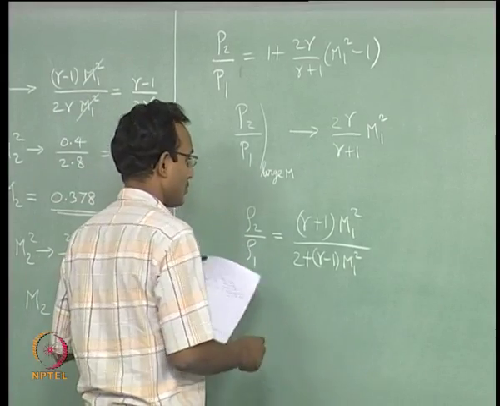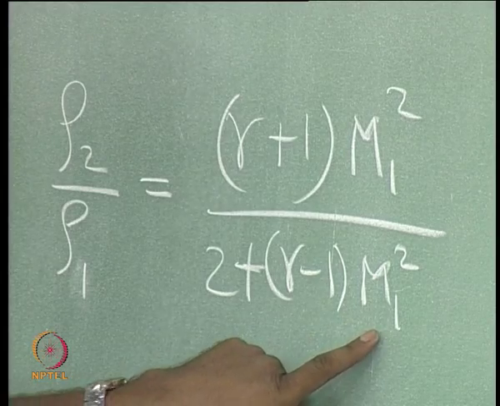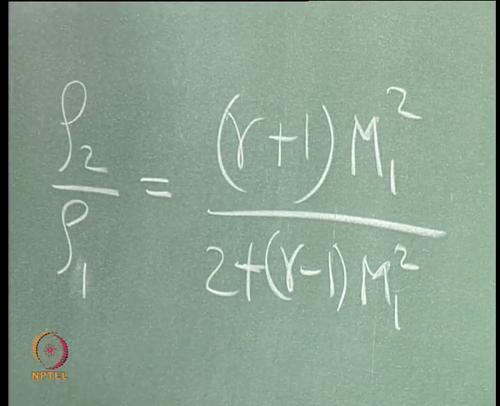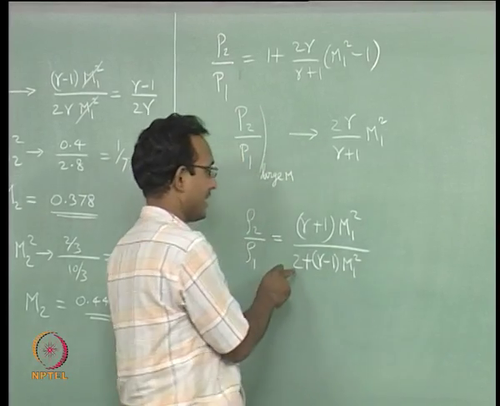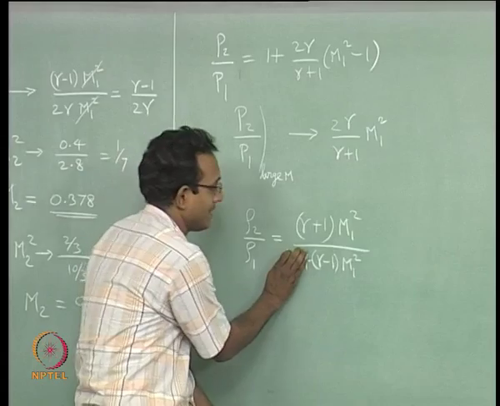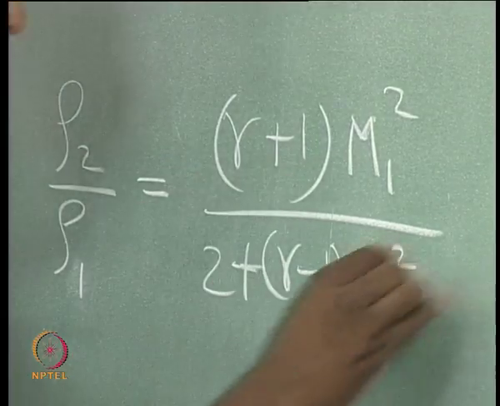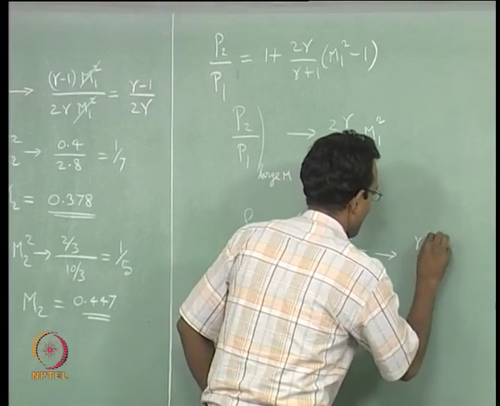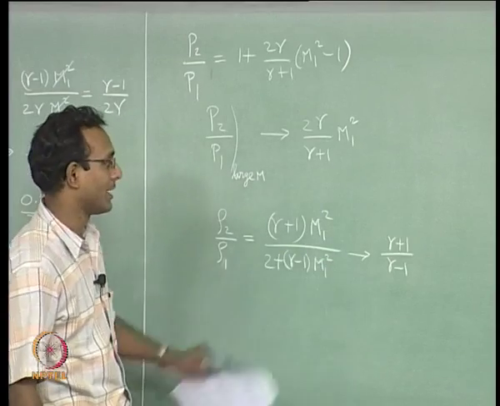So, I am going to take this one and I am going to neglect this 2 with respect to this M1 square. Of course, it is multiplied by gamma minus 1, which we keep. If I neglect this 2, M1 square will get cancelled and I will just have gamma plus 1 by gamma minus 1. So, this tends to gamma plus 1 by gamma minus 1, this is all you are getting.